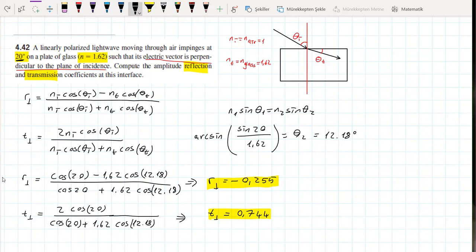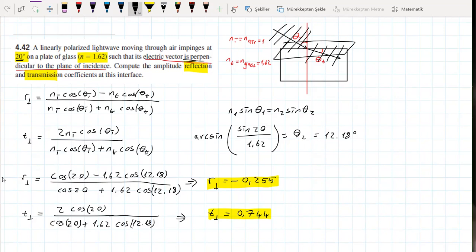if this is the plane of incidence, your wave is like this, and this will be your plane of incidence, and this is your surface. Your surface is through the screen. If you think of 3 dimensions, in this case, your electric field vector is parallel to the plane of incidence.